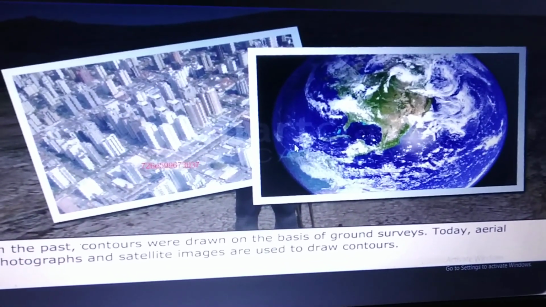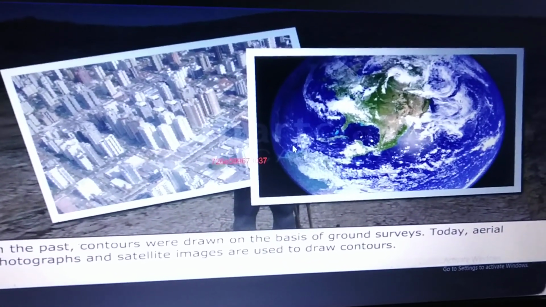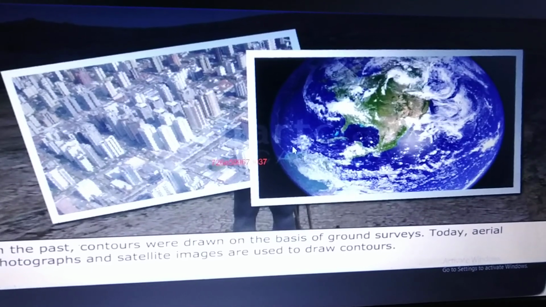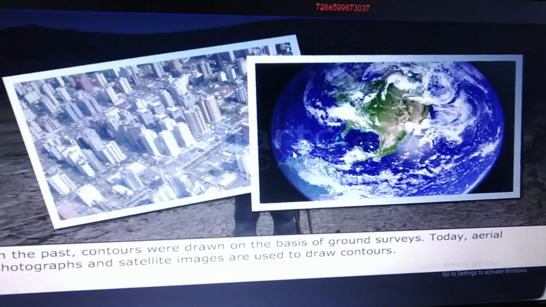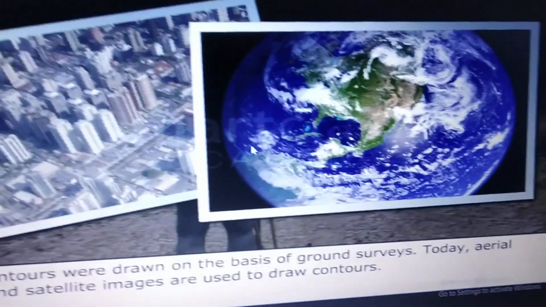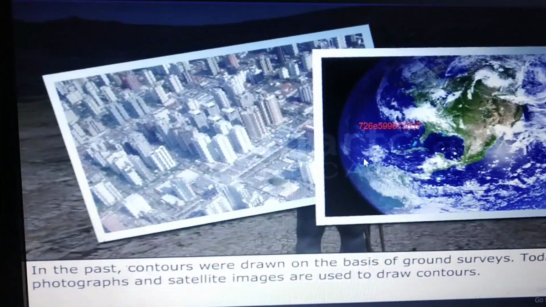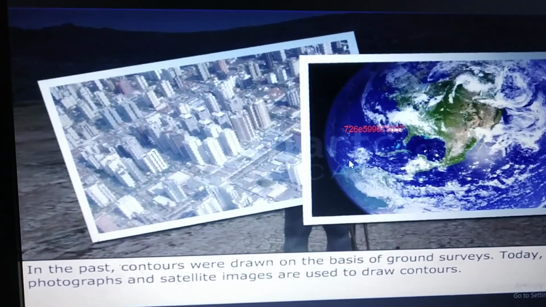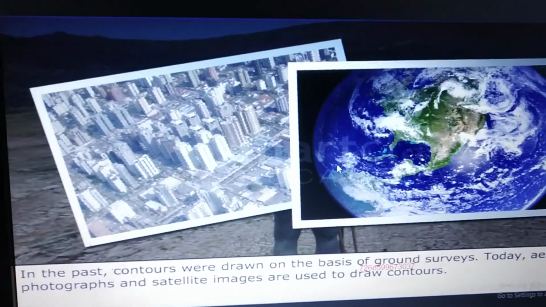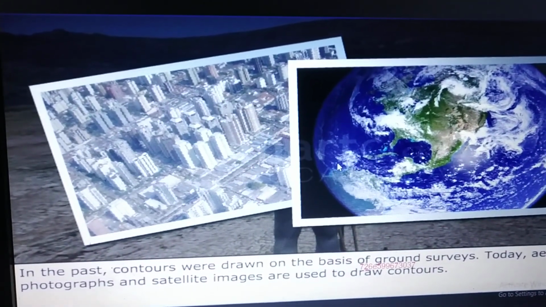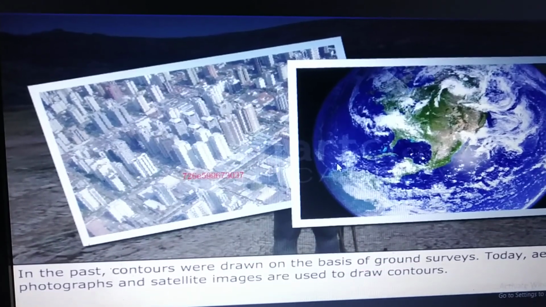There is a topographic map in your book. Observe the topographic map and go through this video carefully. This is Earth, and these are different settlements out there. In the past, contours were drawn on the basis of ground surveys. Today, aerial photographs, that is satellite photographs, are used to draw contours.